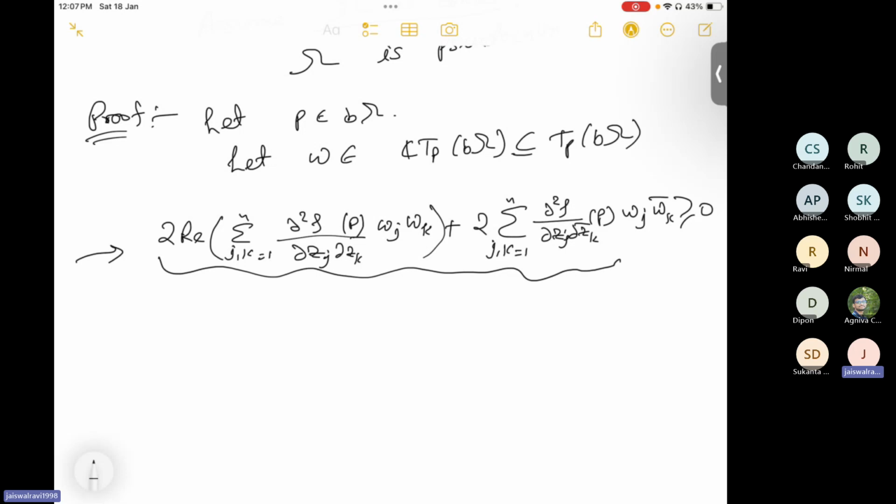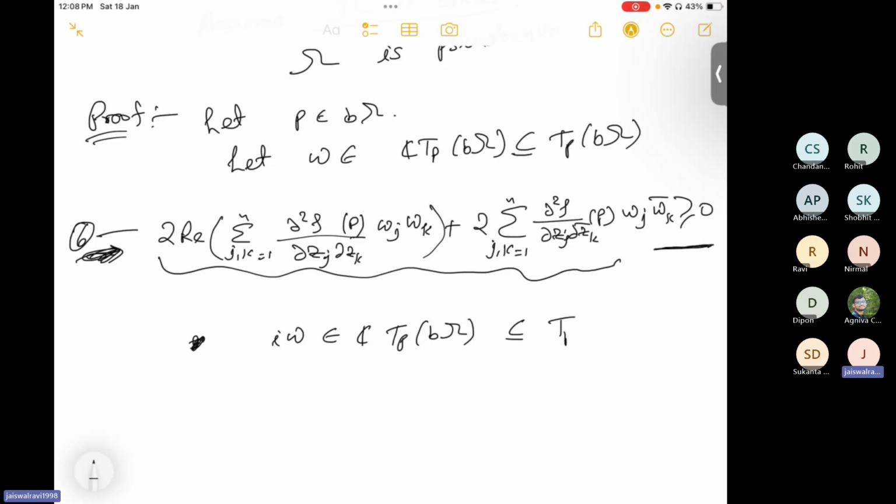Also note that if W is in the complex tangent space, then iota W is also in the complex tangent space. So here in expression 6 you can replace W by iota W, and then this inequality is also true because iota W is also in the tangent space of the boundary of omega.